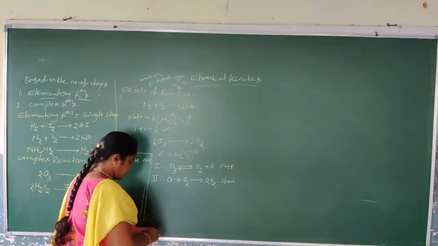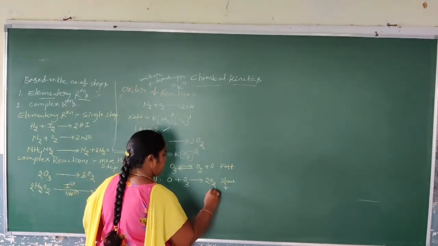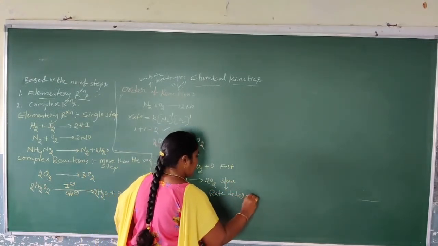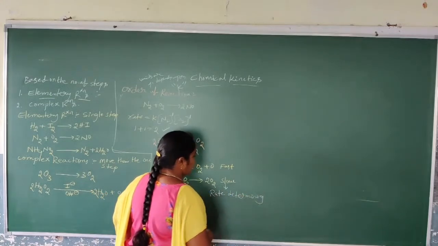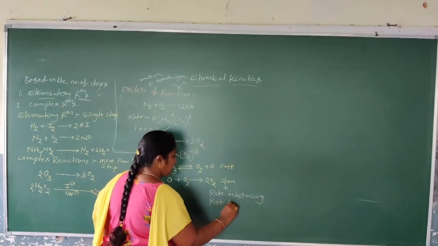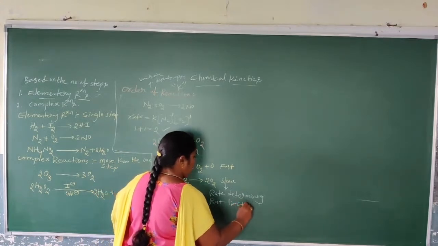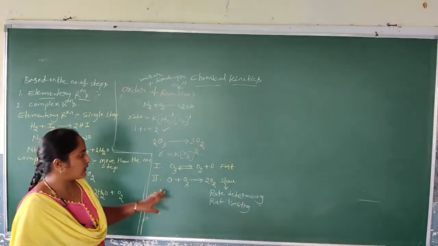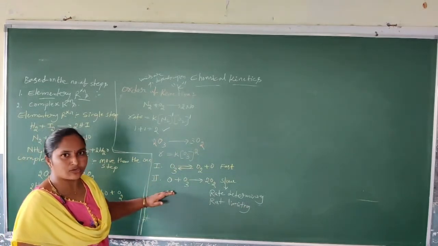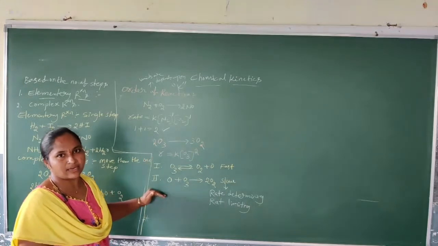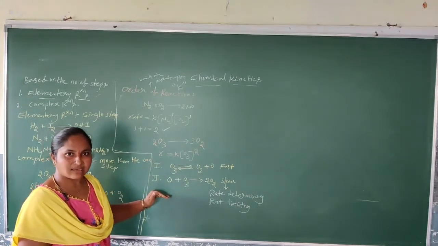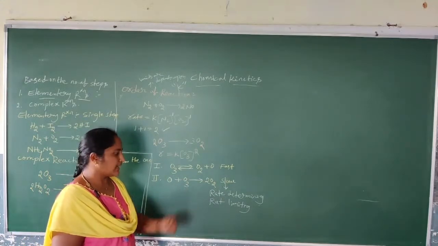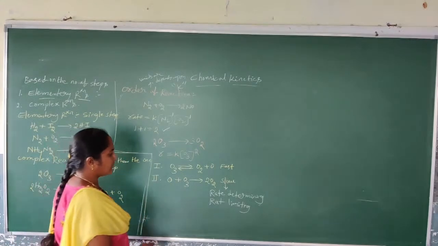The slow step is called the rate determining step, or rate limiting step, because this step fixes the order of the reaction. The overall reaction is controlled by the slow step. That's why it is called the rate determining step or rate limiting step.